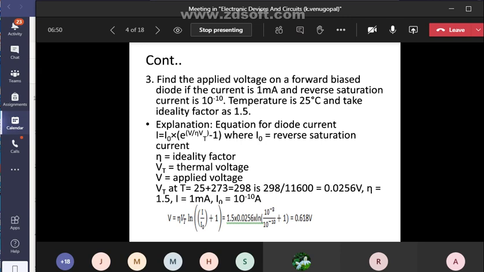Here the given values are the diode current, the reverse saturation current, and the thermal voltage. Here we require the applied voltage V.